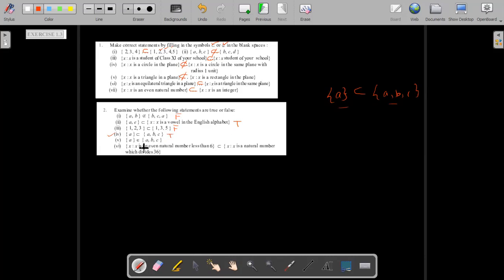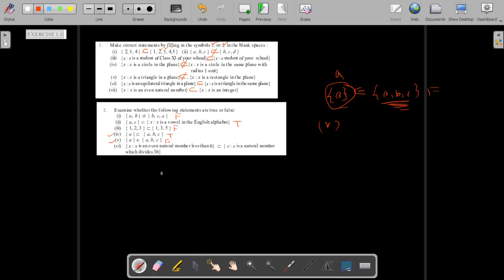True. And belongs to, this one, the fifth statement. If we write belongs to, this is wrong, false. Because an element belongs to a set, A belongs to, the set will not belong to this one. Only a set belongs to the power set. So that is false.